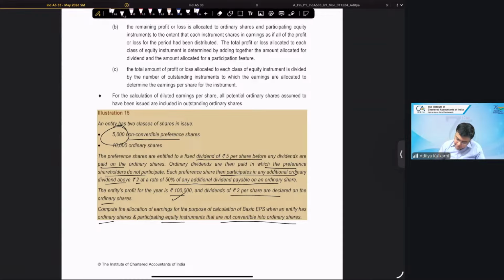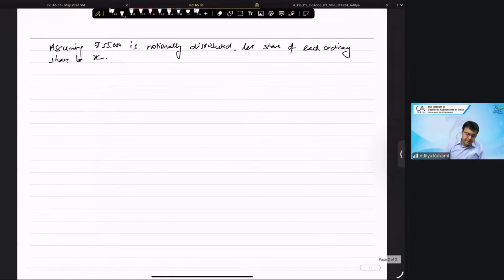Each preference share then participates in any additional ordinary dividend at a rate of 50% of that which is payable on an ordinary share. Above rupees 2, we set aside what is to be paid to equity shareholders. Beyond that, whatever equity shareholder gets, 50% of that preference shareholder will get.